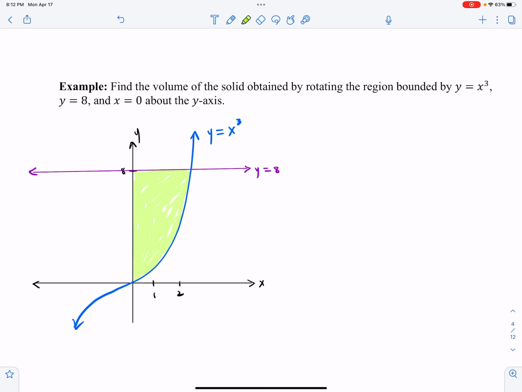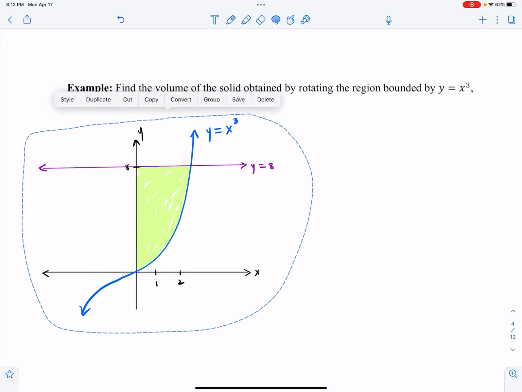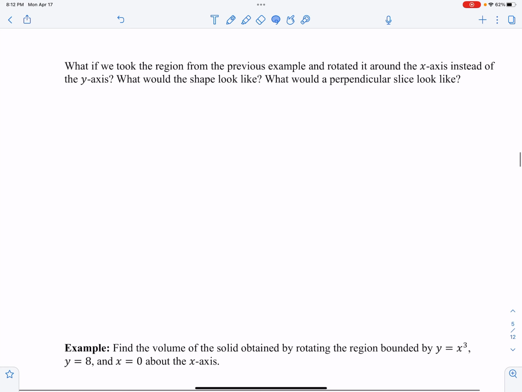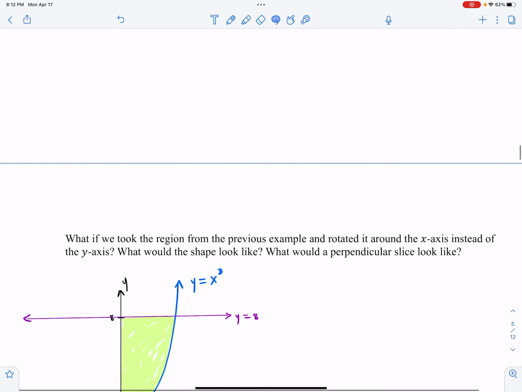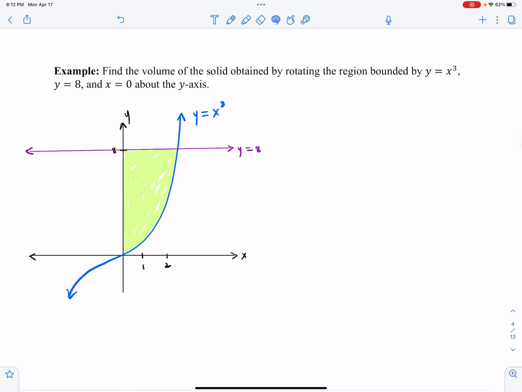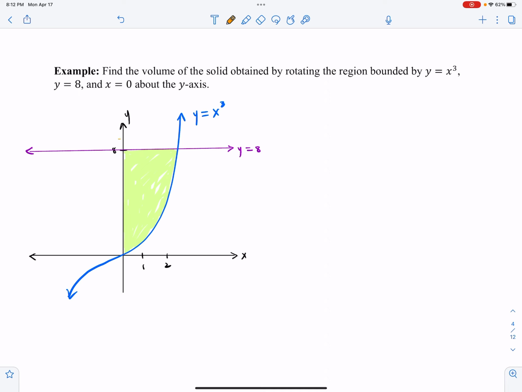Okay, and then I'm going to copy and paste this because we're going to use this for the next example as well. I just want to be prepared. Okay, so we are thinking about rotating around the y-axis.